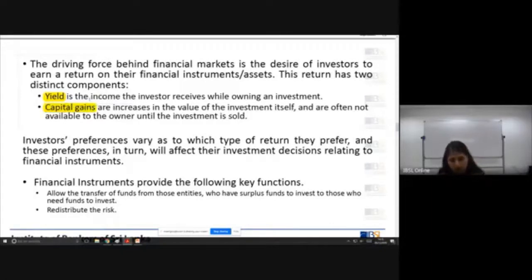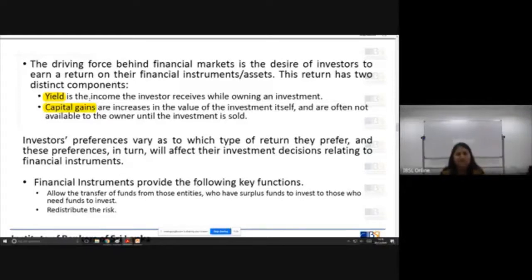Always a lot of students confuse this term called yield. I don't know why. When they hear the term, they get confused. Simply understand yield as this: yield is an income that you're getting when you own that asset. Until you own it, you get this return.